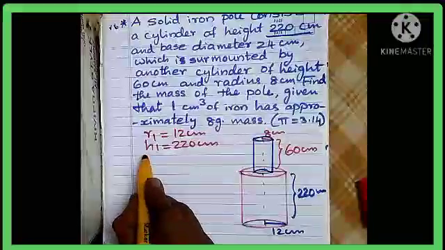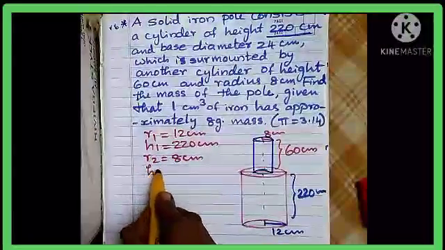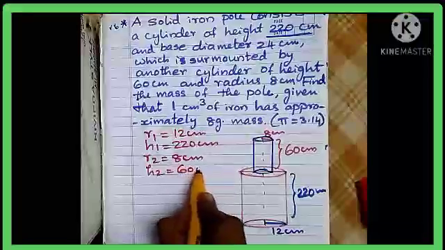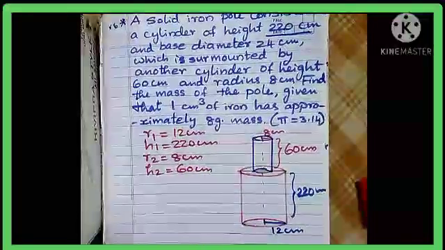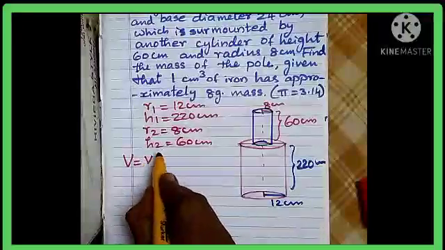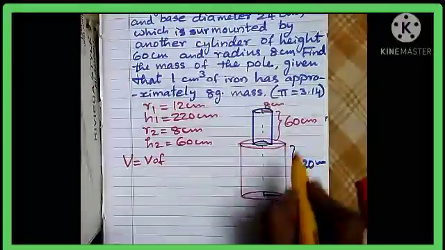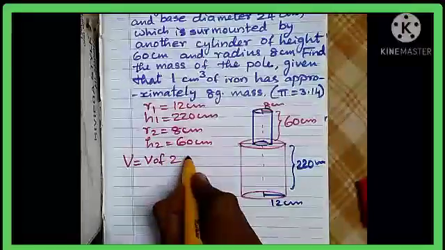And for the second smaller one, R2 equal to 8 centimeters and H2, the smaller height, is 60 centimeters. Now total volume equals volume of first cylinder plus second cylinder. Volume of 2 cylinders we can write.